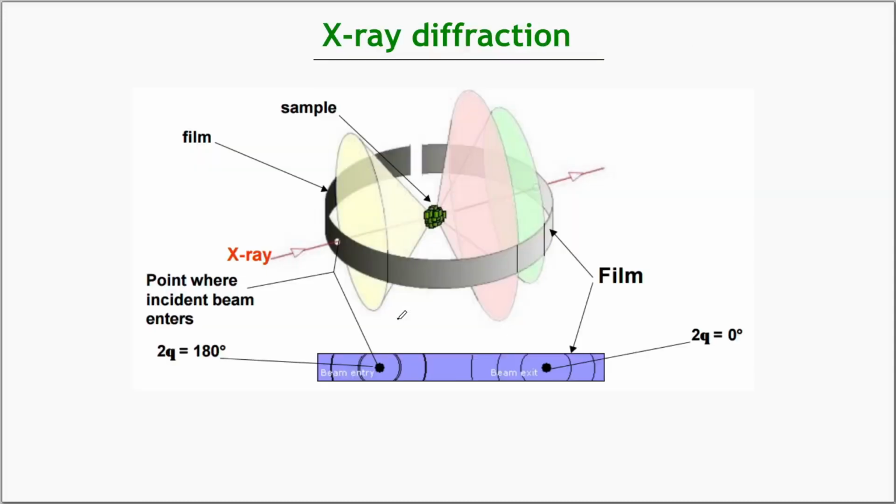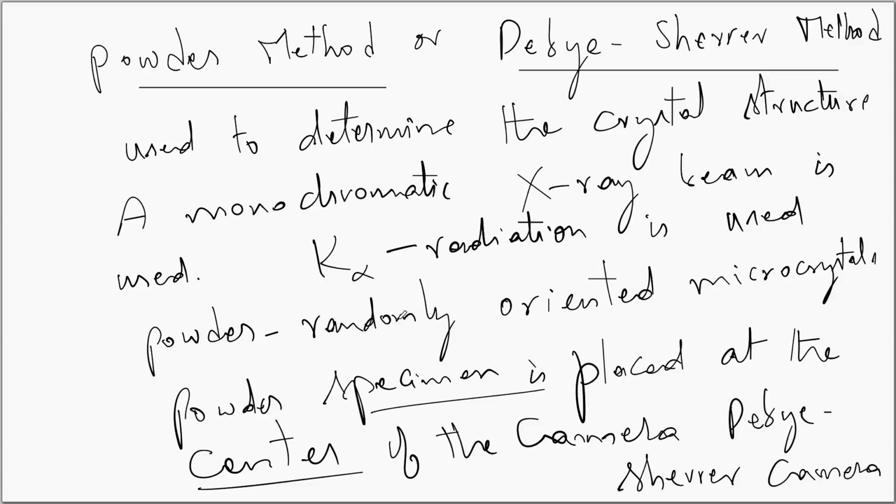In this video, we have stated that to characterize nanoparticles, nanomaterials, and nanostructures, X-ray diffraction methods are used. Among the various available X-ray diffraction methods, the powder X-ray diffraction method is used. The powder method is also called the Debye-Scherrer method, in which a camera is used. The camera is called the Debye-Scherrer camera. The powder method is used to determine the crystal structure.